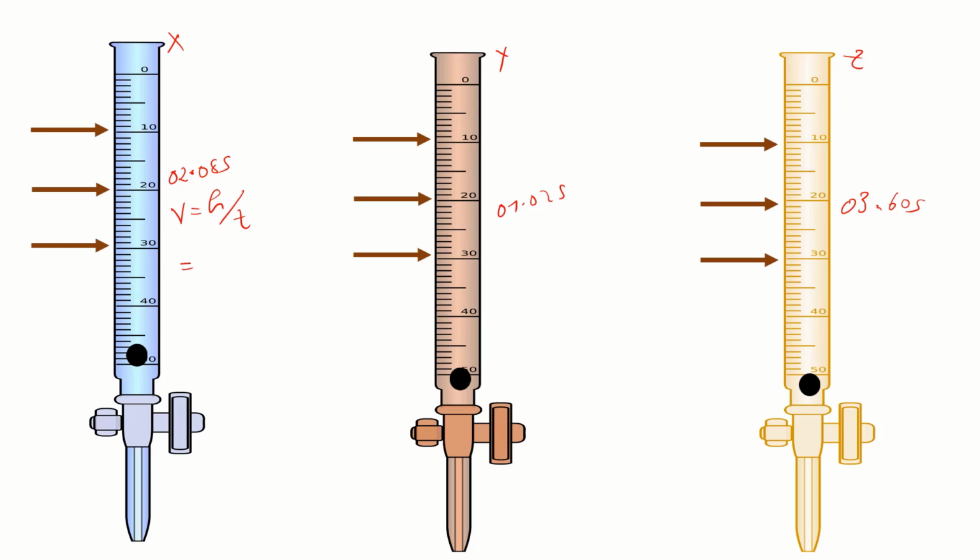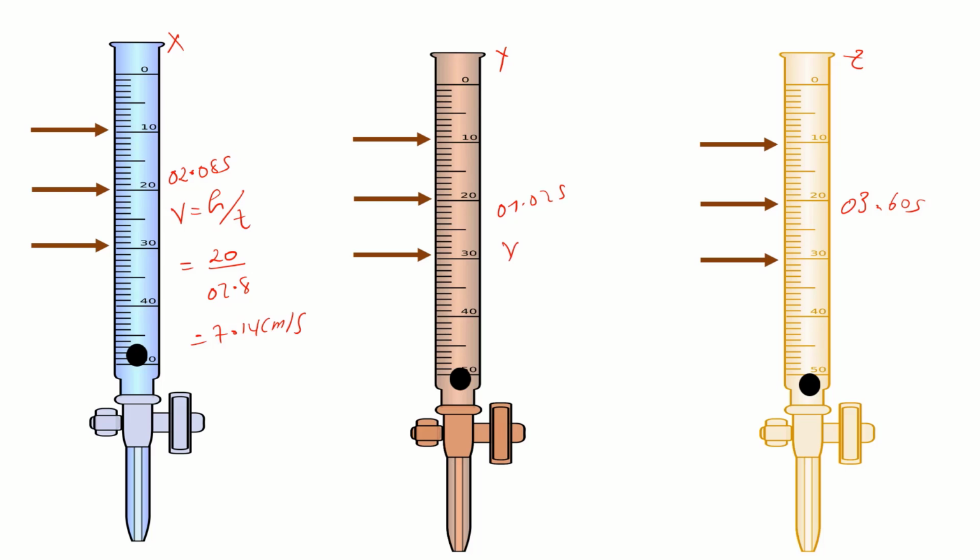So our height there is 20 centimeters divided by the time 2.8. We have 20 divided by 2.8, so it's about 7.14 centimeters per second.